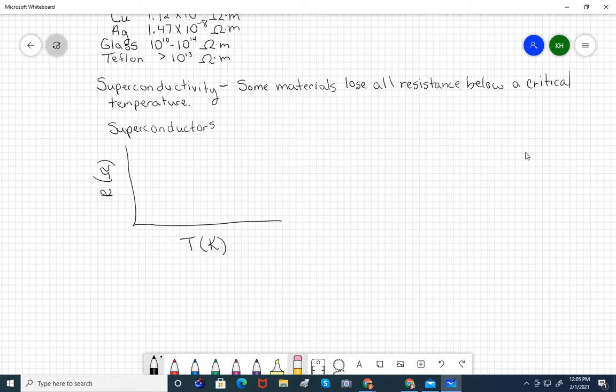The resistance gradually increases as you get hotter, which is typical, but at some particular temperature, we're going to call it T critical, right there. That's a mess, let me erase that.